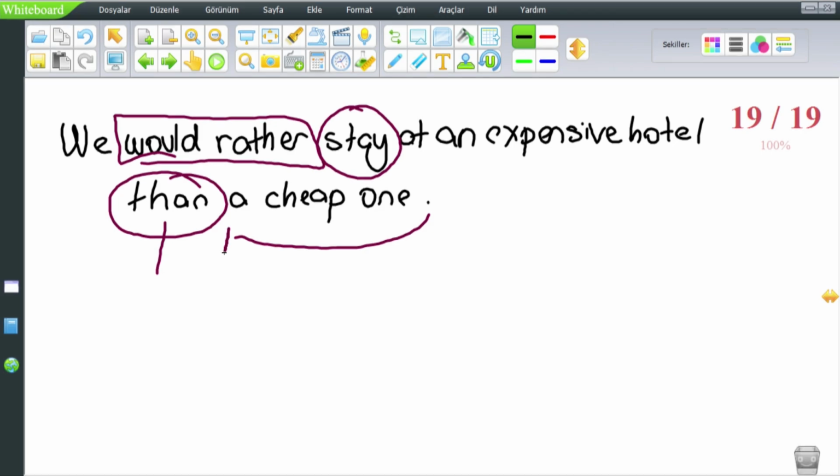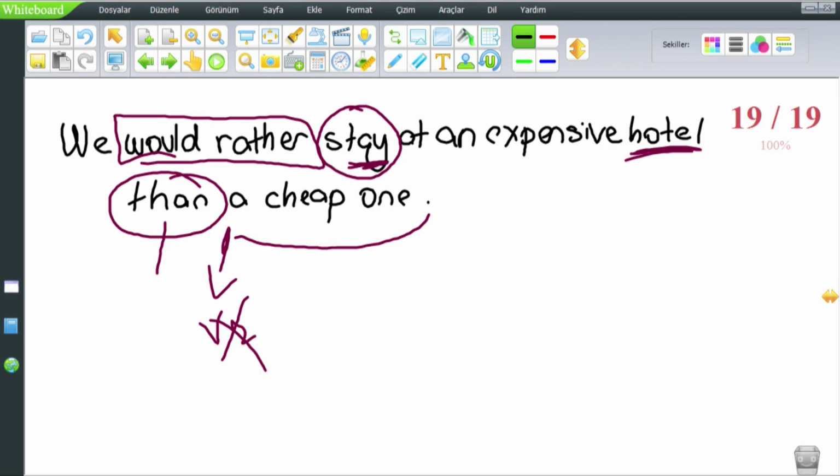Now, you cannot see a verb 1 here, because we can understand that the verbs are the same. It's both stay. And I omitted that. I don't have to use it again. But here, I am choosing actually between the hotels, the quality of hotels.